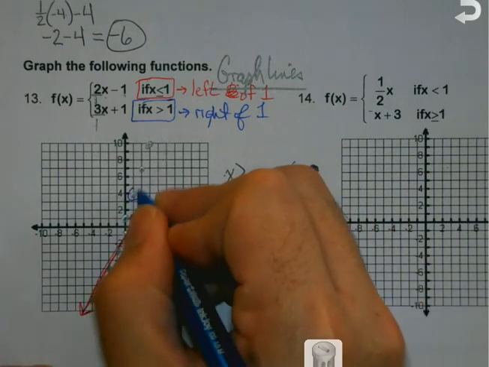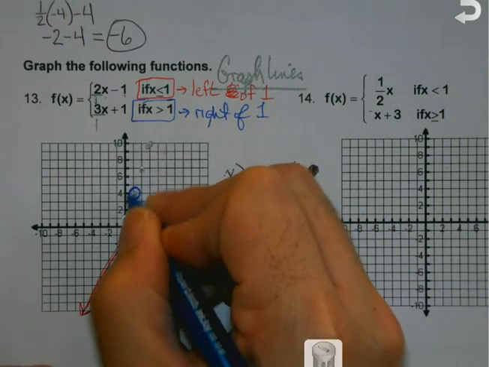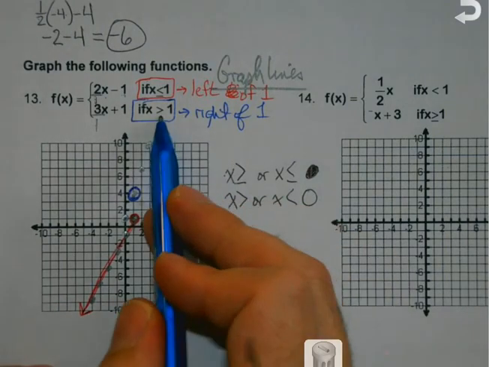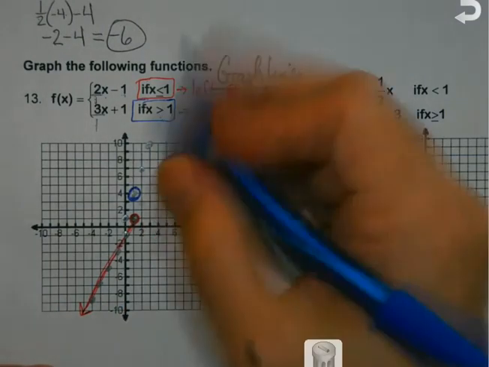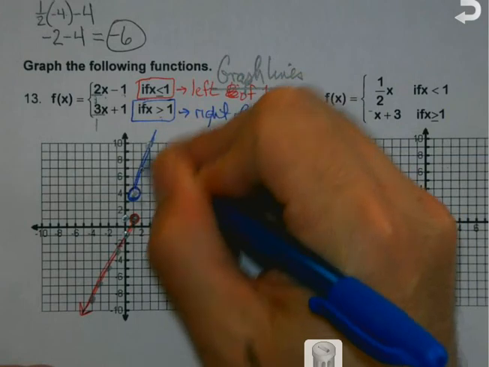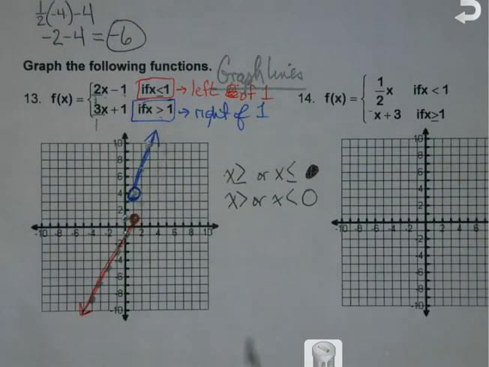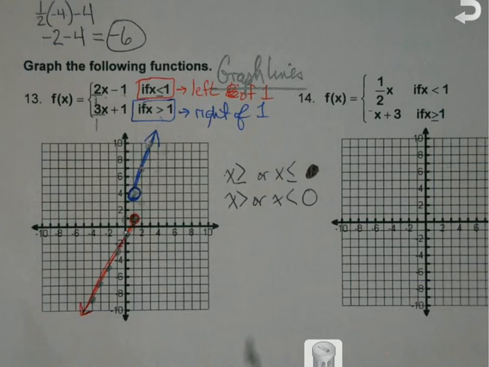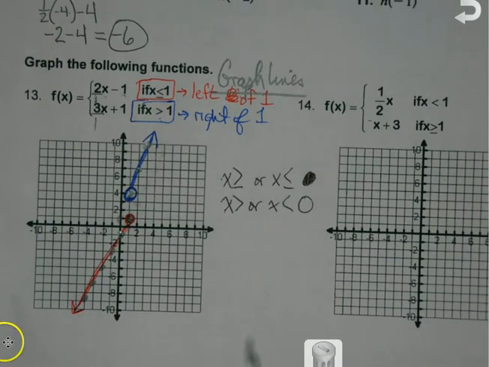So I want an open circle, because there's no line underneath, and I'm going to connect the points to the right of that. And I have an extra point here that I don't need, and I'll get rid of it. That is the piecewise graph of that particular function. Looks kind of weird, but that's how these work.